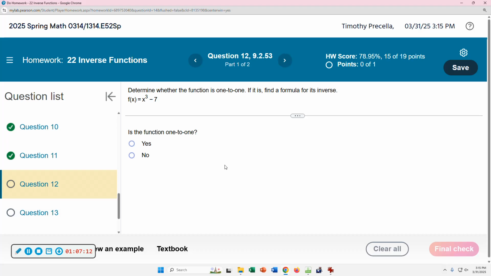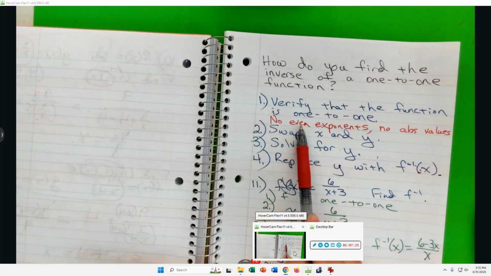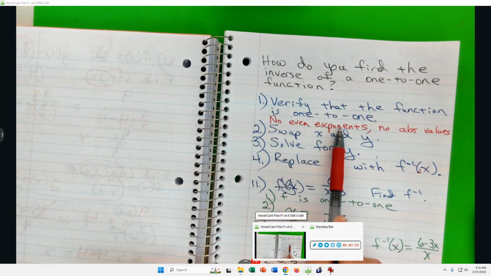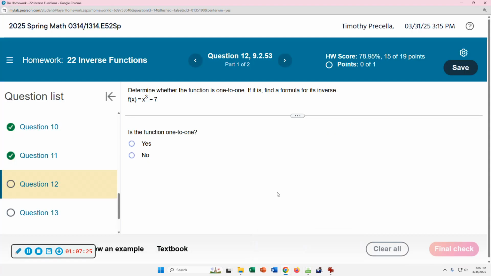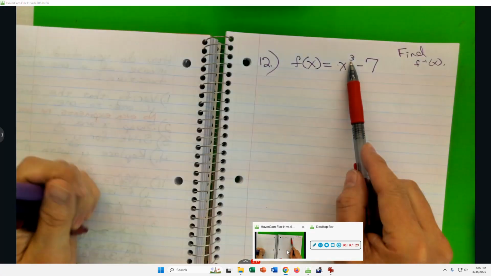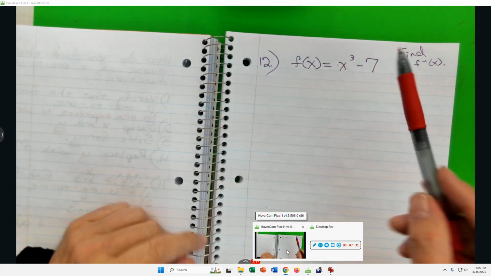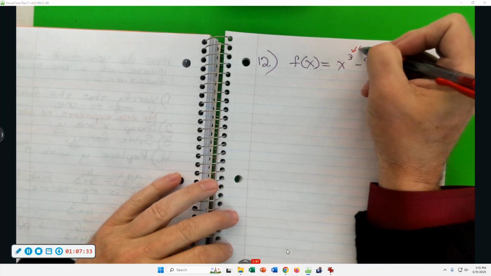I didn't say it wasn't 1-to-1 if there were exponents. I said it's not 1-to-1 if there are, what sort of exponents? Even exponents. When we look here, I don't see an x squared or an x to the fourth. I see an x cubed, and that 3 is an odd number.